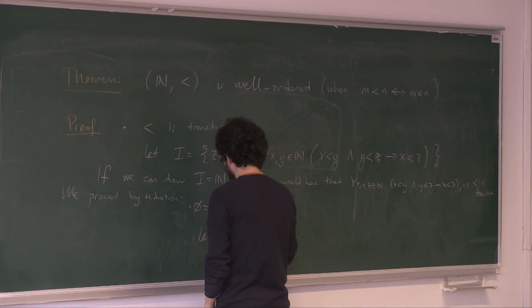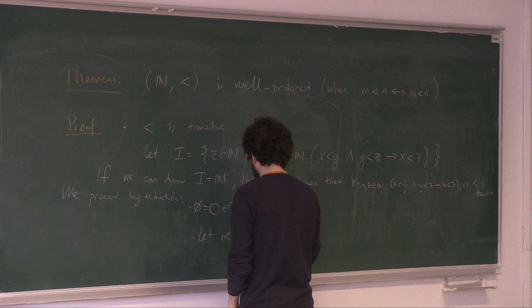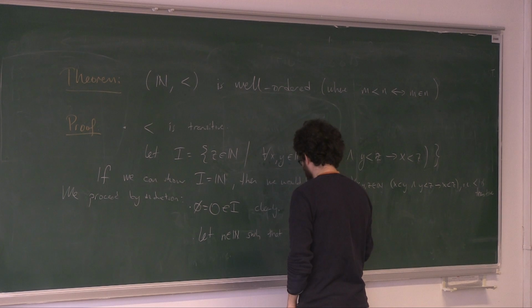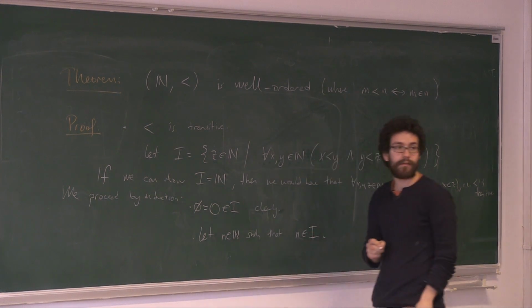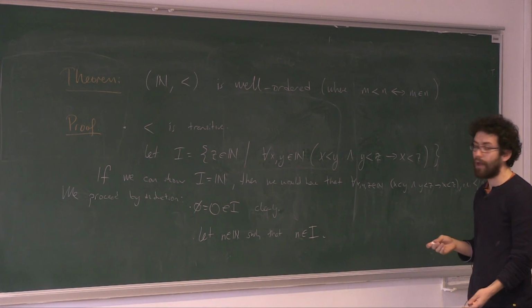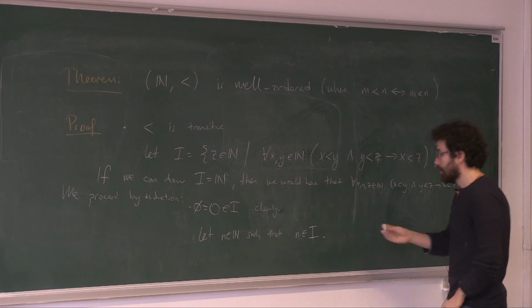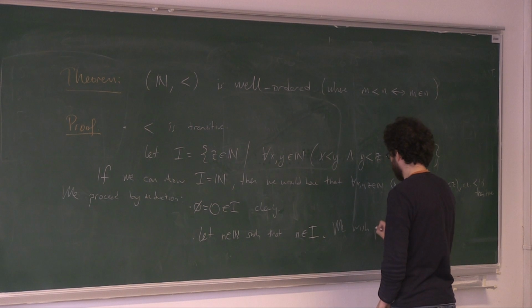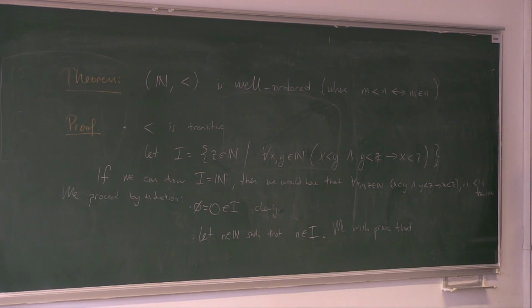Now let n be a natural number such that n is a member of I, okay? Now we wish to prove that S of n is in I. What does this mean? This means the following.